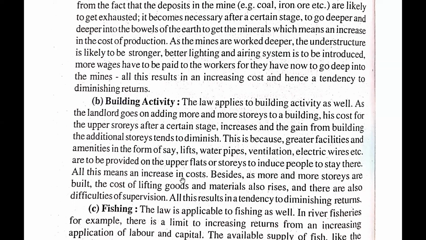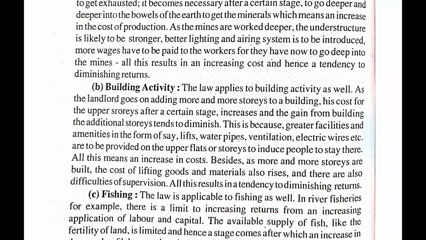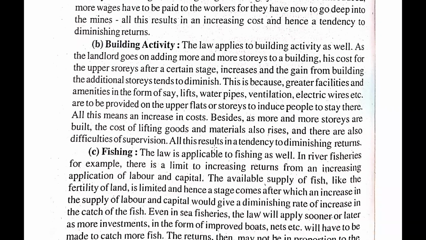All this means an increase in cost. Besides, as more and more storeys are built, the cost of lifting goods and material also rises, and there are also difficulties of supervision. All this results in a tendency to diminishing returns. So guys, as we increase the number of storeys in a building, there will be higher cost according to the increment in the storeys. This is how the diminishing returns law works in building activity.